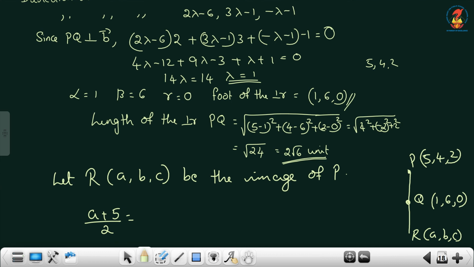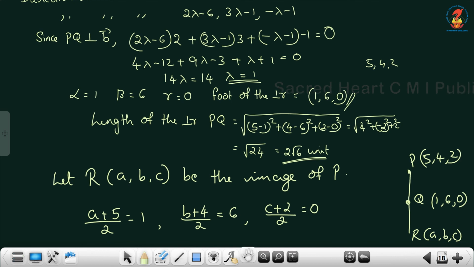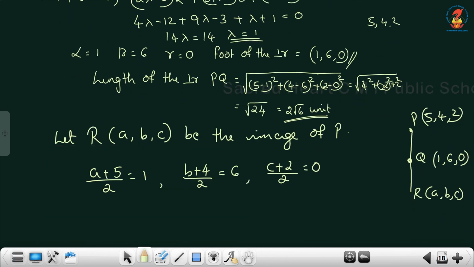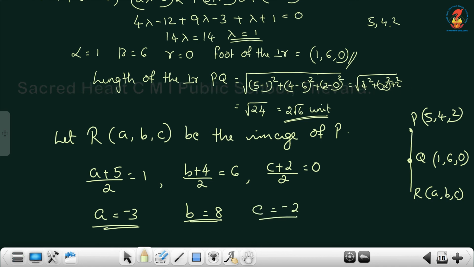So (a plus 5) by 2 is 1, (b plus 4) by 2 is 6, and (c plus 2) by 2 is 0. So what is a, b, c? A is equal to minus 3, b is equal to 8 and c is equal to minus 2. So the image is (minus 3, 8, minus 2).